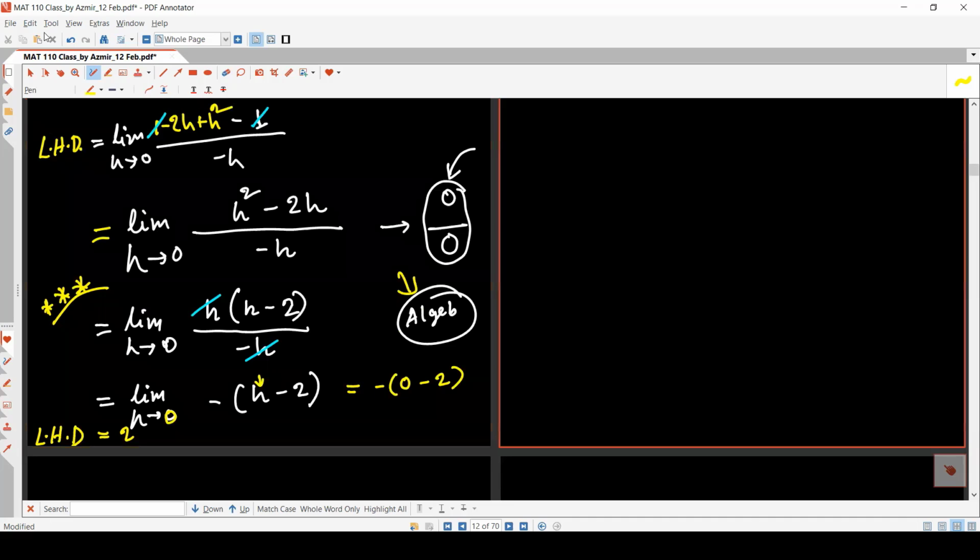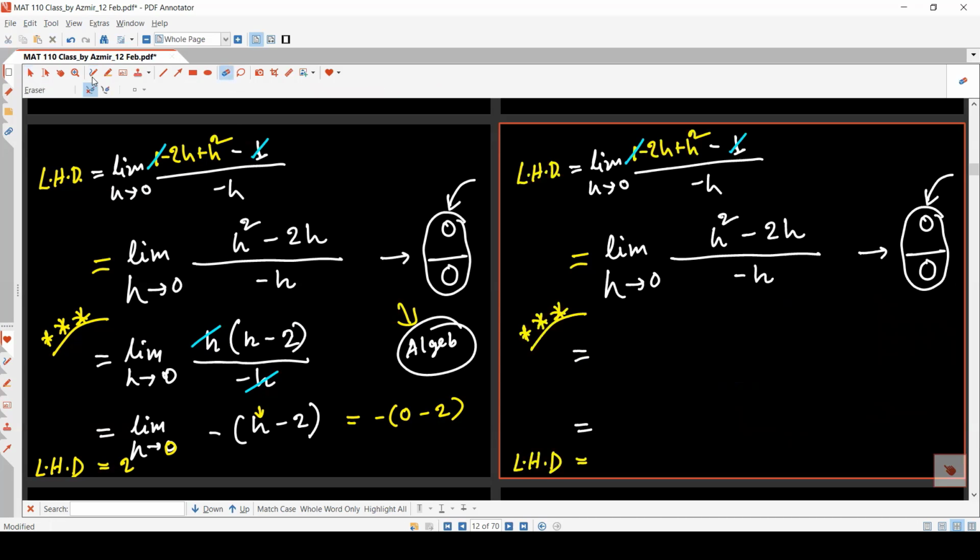Same problem can be solved by L'Hopital's rule. Since we have 0 over 0, we can apply L'Hopital rule. L'Hopital rule says that if we have 0 over 0 or infinity over infinity, then we have to differentiate both numerator and denominator with respect to the variable that we can see in the limit.